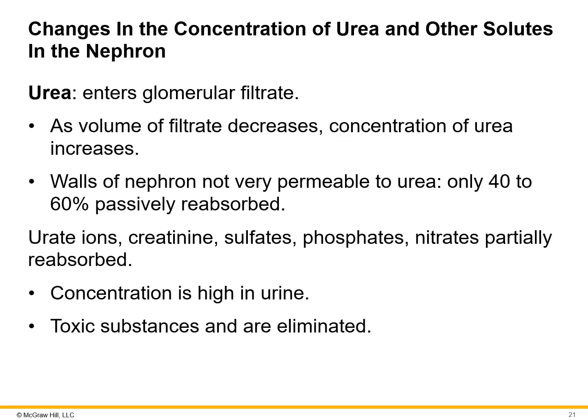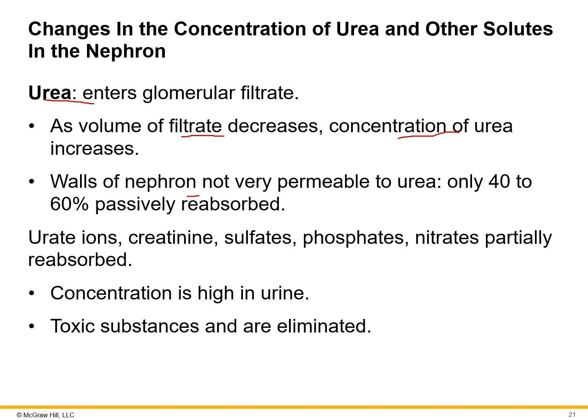So what changes those concentrations of urea and other solutes? Urea enters the glomerular filtrate. Urea is from the removal of the amino group from amino acids as amino acids and proteins are broken down by the body. As the volume of the filtrate decreases, so again, less water, the urea becomes more concentrated.